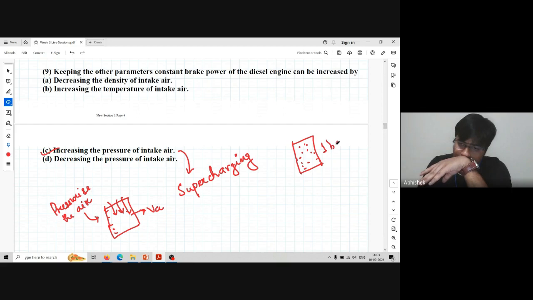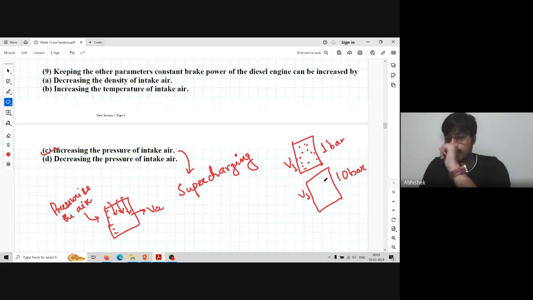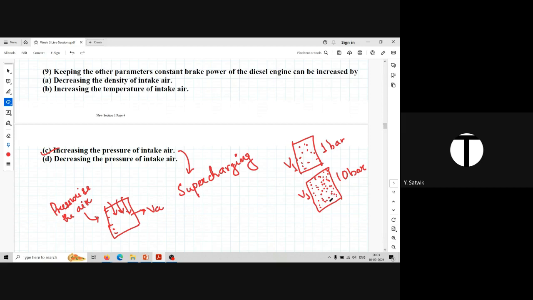Now same container volume is constant. This is V1, this is V1, but the pressure has increased to 10 bar. So whether the gas amount will increase or decrease or be constant. Answer. Sir, can you repeat, sir?